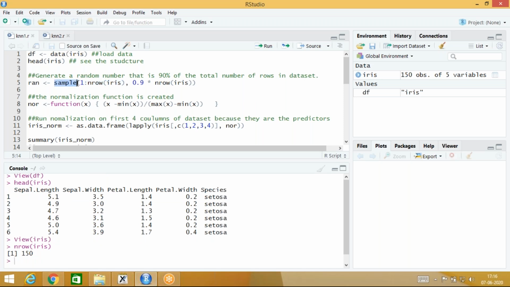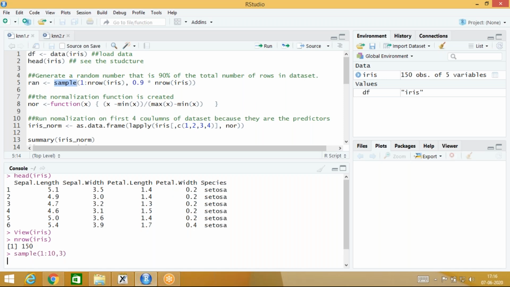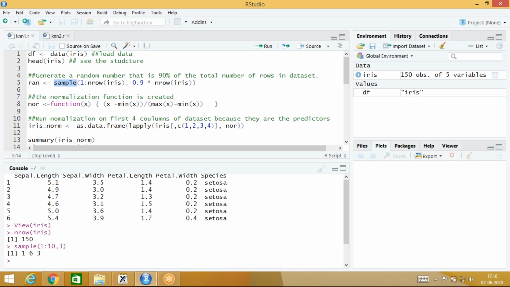The idea is sample 1 to 150. If I do it small, let's say sample 1 to 10, 3, this will give me 3 random numbers between 1 to 10.